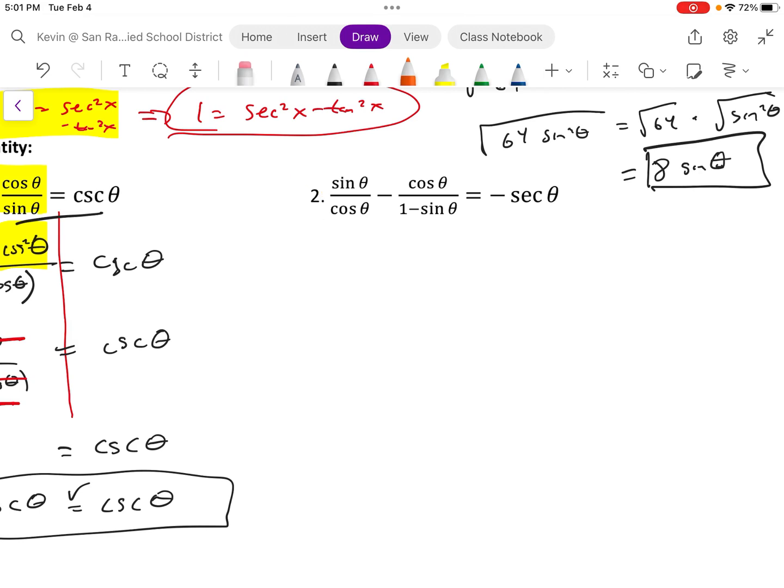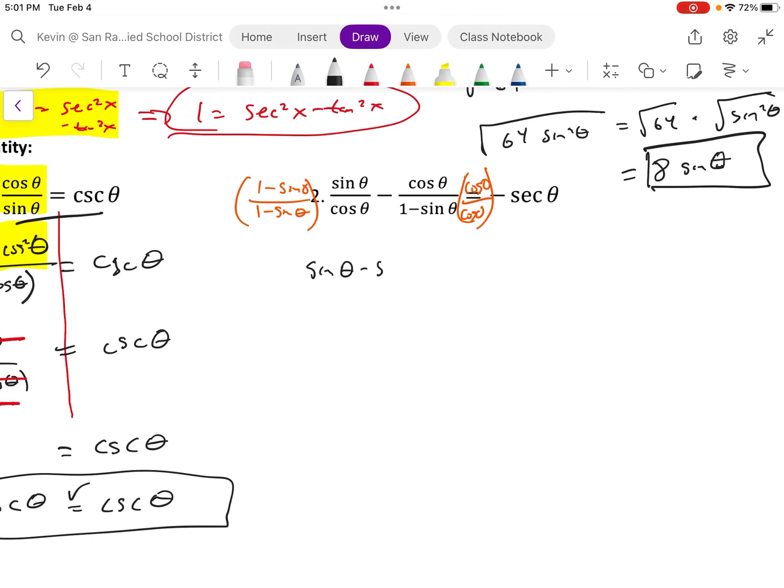Okay, multiply both the top and bottom by, on this side, getting ahead of myself. On this side, I'm going to multiply it by 1 minus sine theta over 1 minus sine theta. On this side, I'm going to multiply it by cosine theta over cosine theta.